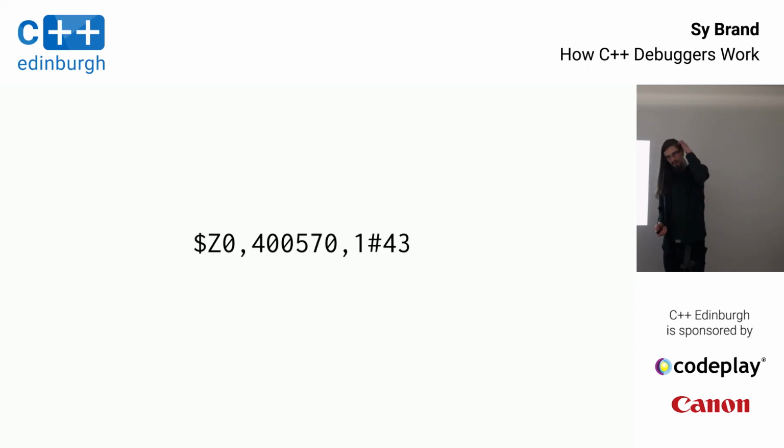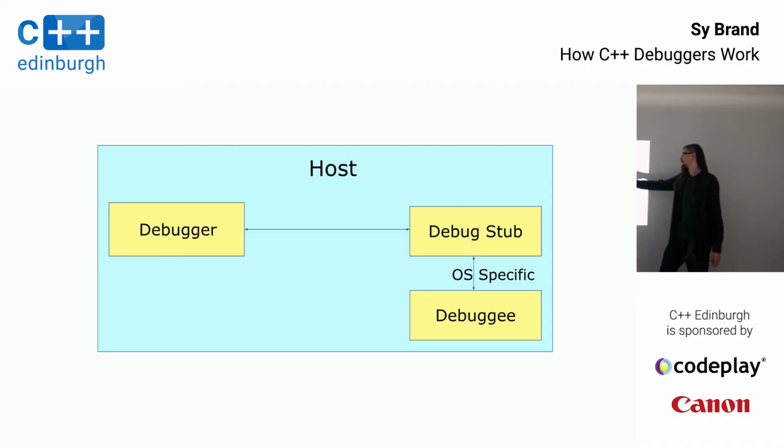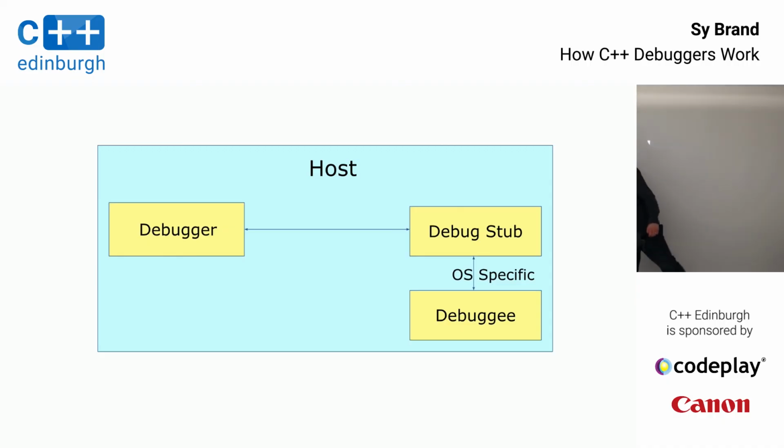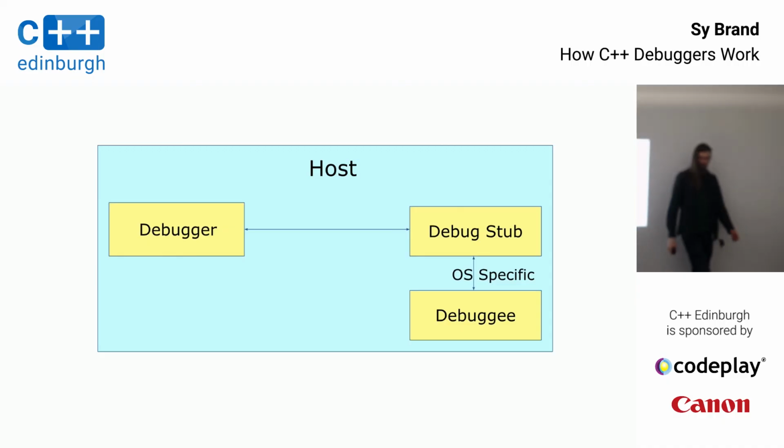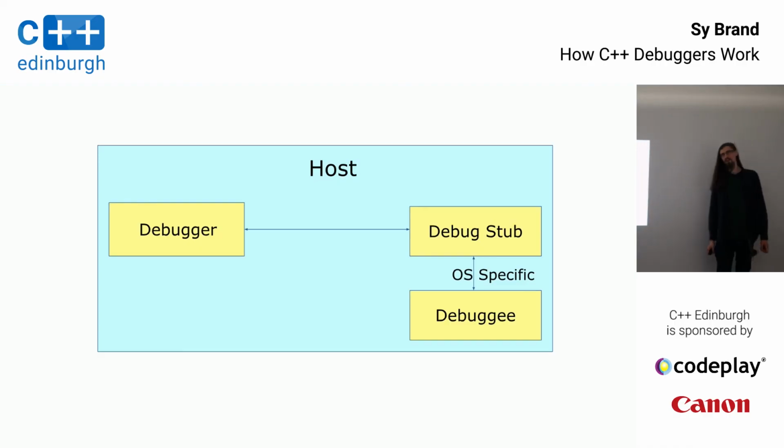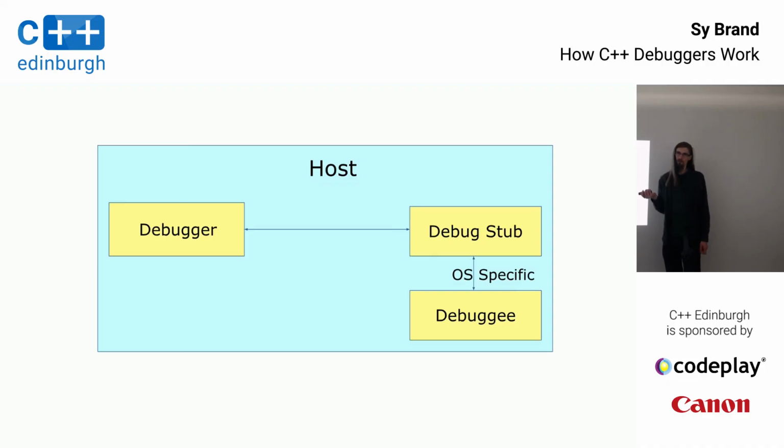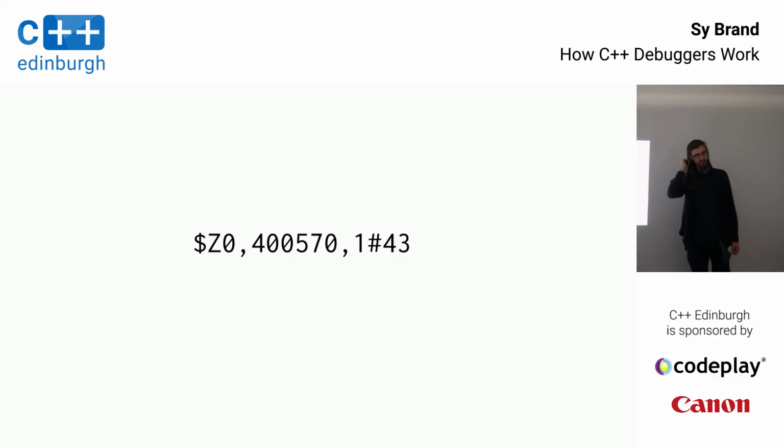The communication between the debugger and the debug stub, for GDB and LLDB, uses what's called the GDB remote protocol. This is a protocol by which the debugger can communicate with the stub. It looks something like this.